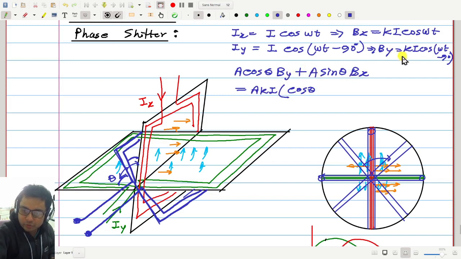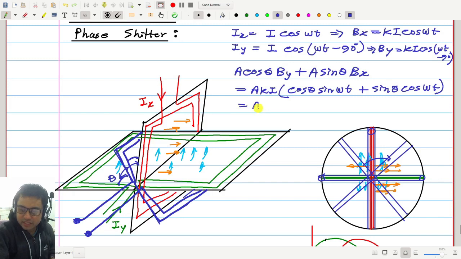In place of By I can write cosine of omega t minus 90, which is sine omega t, right? Please help me if I make a mistake. And then plus sine theta times Bx, which is cos omega t.